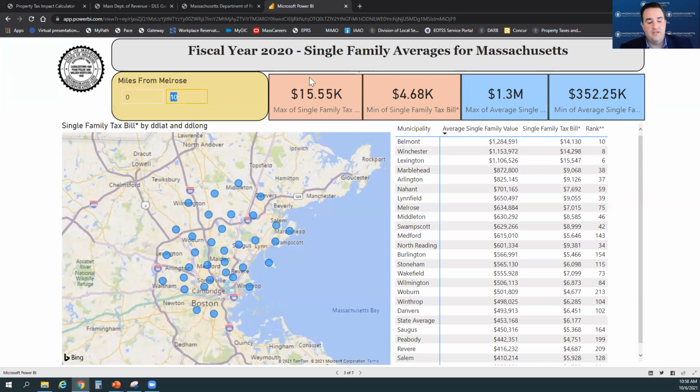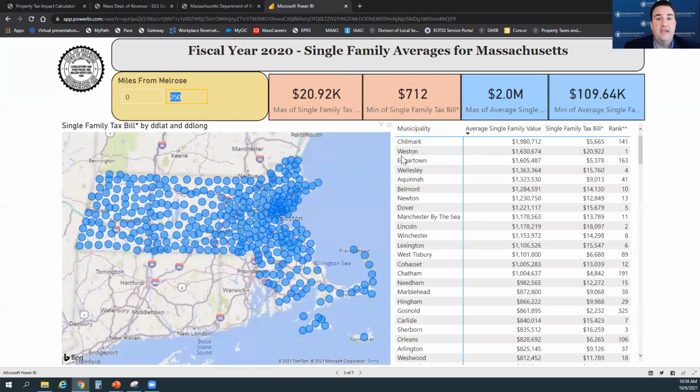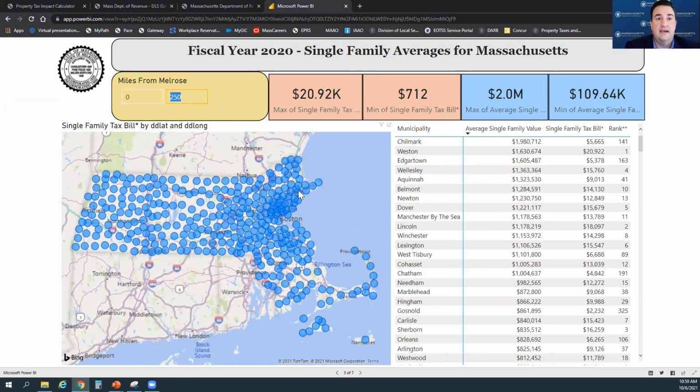Using some information from MassGIS, you can put together a slide based on the whole state. This is for the whole Commonwealth. For this presentation, they were just looking 10 miles from their jurisdiction, but all that data is here and it can be displayed in a pretty easy way.